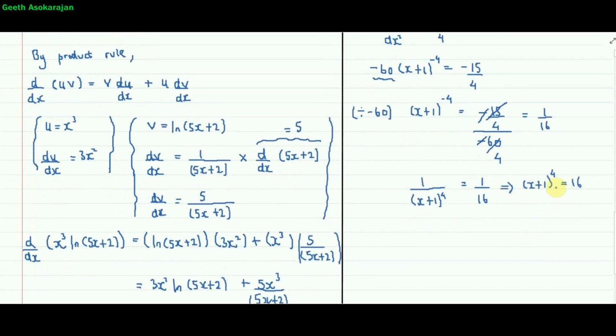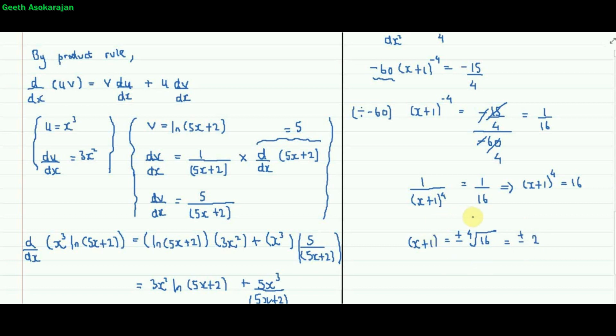Now from here on, let's take a fourth root on both sides. By taking a fourth root, be sure to put a plus and minus. So it's plus and minus the fourth root of 16. And the fourth root of 16 is 2, as 2 times 2 times 2 times 2 gives us 16. So it's plus and minus 2.